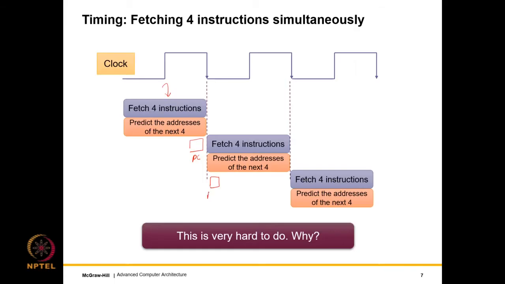This can either be PC plus 4, or if this instruction is a branch, it can be its branch target. Then we need to predict the next instruction, and the next. So we essentially need to predict these 4 instructions on the basis of the program counter of the last instruction of the current bundle.